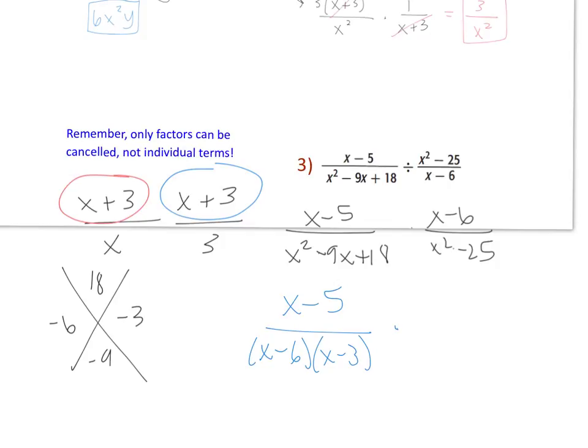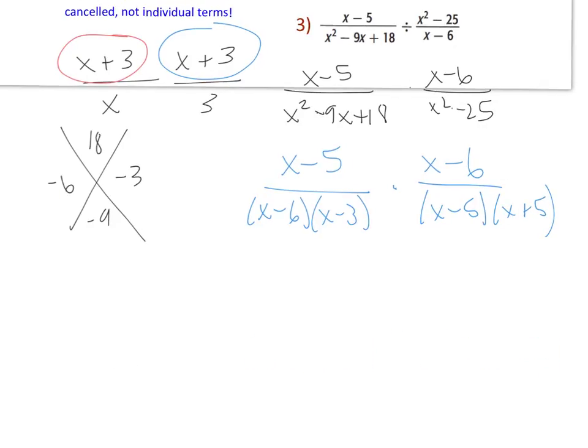Now that's multiplying by x minus 6 over, and then x squared minus 25 is a difference of two squares. So what that factors to be is x minus 5 times x plus 5. And now I look at canceling out any cross products: x minus 6 and x minus 6, x minus 5 and x minus 5.